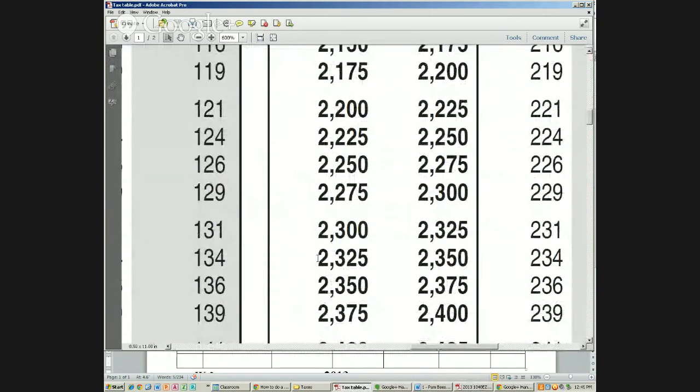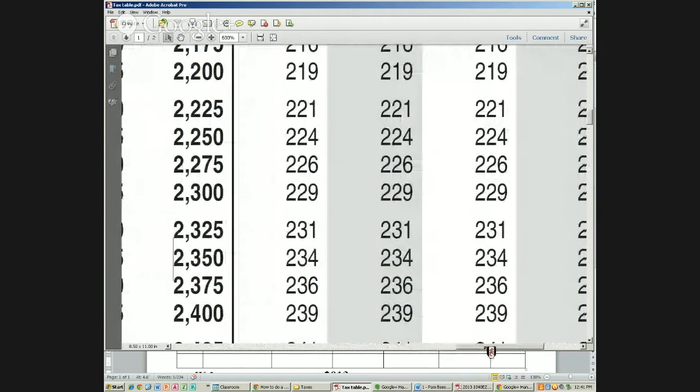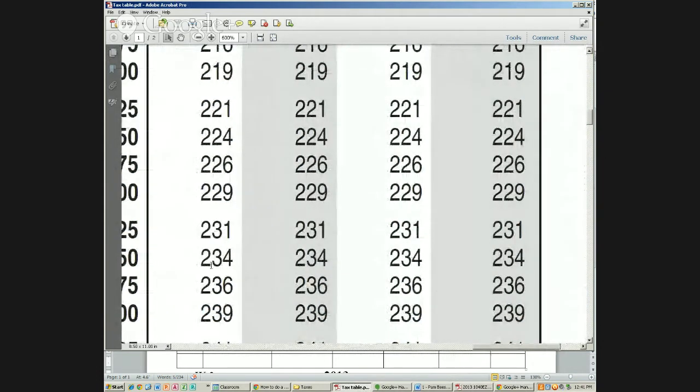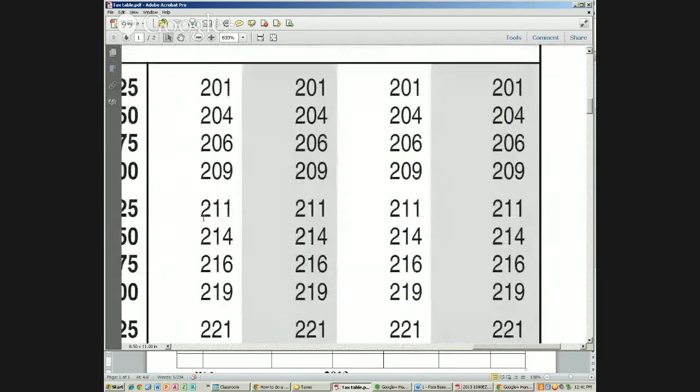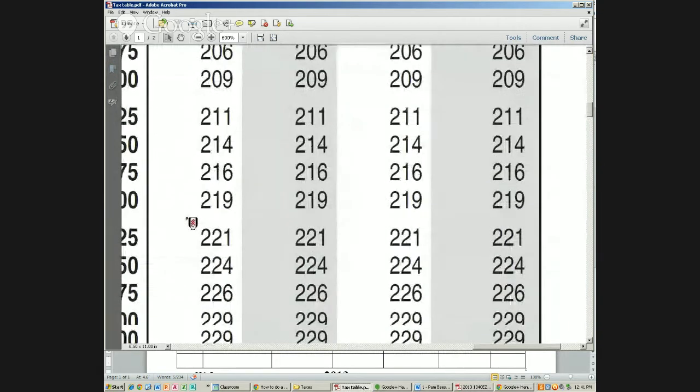So it's in between 2,325 and 2,350. Am I correct? So this is how much the government thinks you made. Then these are the numbers. This is your tax, what you're liable for. Now, up top, it'll tell you this is single, married filing jointly, married filing separately, head of household. So we're single.